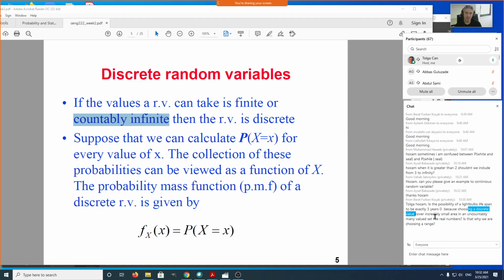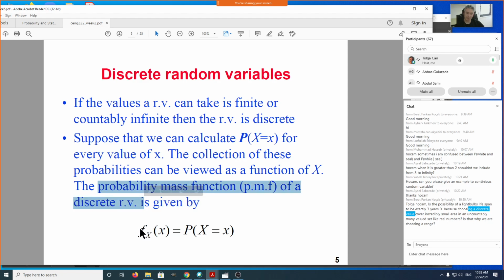You're correct. But now let's forget about continuous random variables. In this chapter, we are going to focus on discrete random variables. If we are able to calculate the probability for each individual value the discrete variable can take, for every value of x, and we collect these as a function, this is called the probability mass function of a discrete random variable.